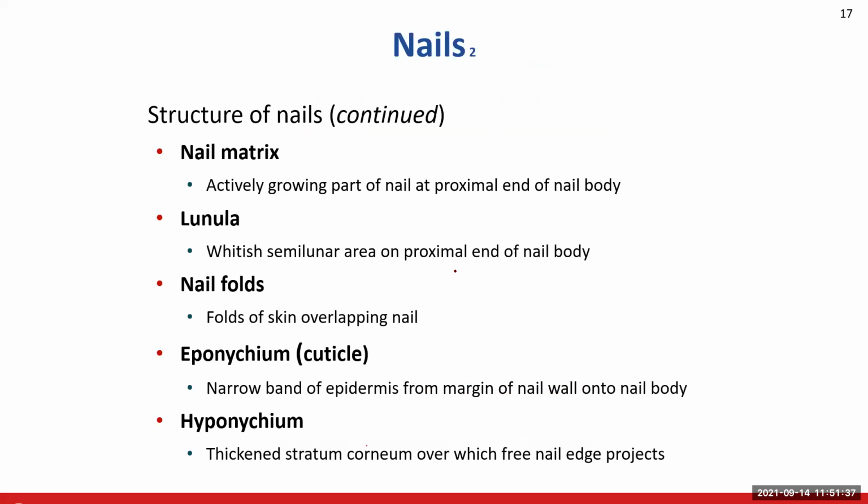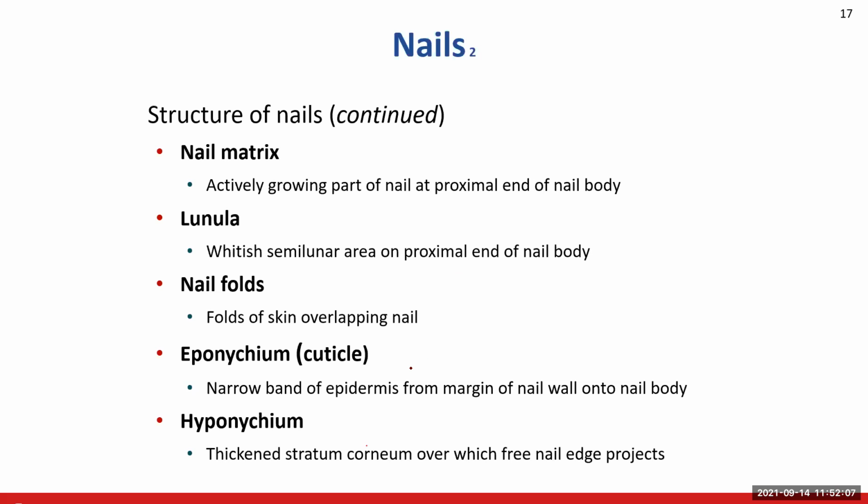Okay, and then we have the last two structures. You may have heard of the eponychium before by its other name, the cuticle. The cuticle is this thin, small, narrow band of tissue or skin that comes off of the epidermis onto the actual nail body there. Okay, so if you've ever gotten a manicure, they're usually trying to scrape that or help with that. You may have heard of that term before.